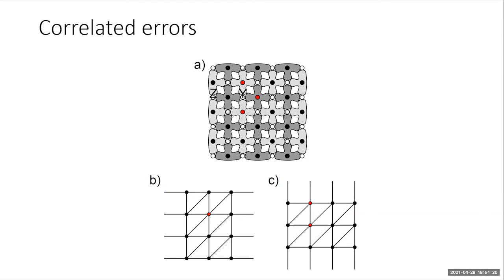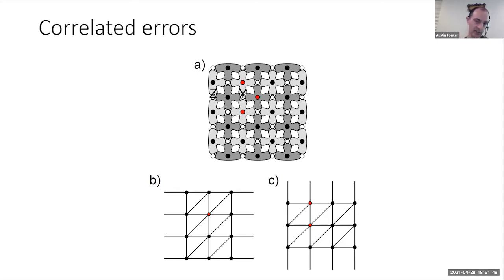Okay, and another question: can you ever have a logical Y operator with qubit count, i.e. the Y distance of the code, smaller than 2D minus 1, where D is the distance? There is a logical Y operator in these pictures. It's just the diagonal, for example. If you put a chain of X and Z errors on top of each other down the diagonal, you get a logical Y operator.